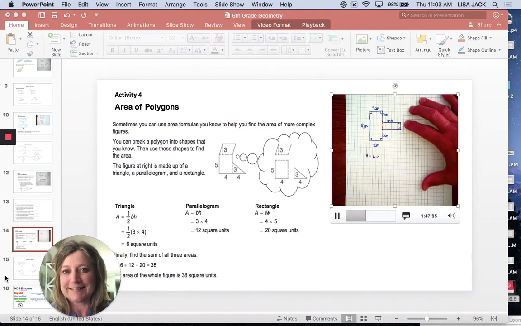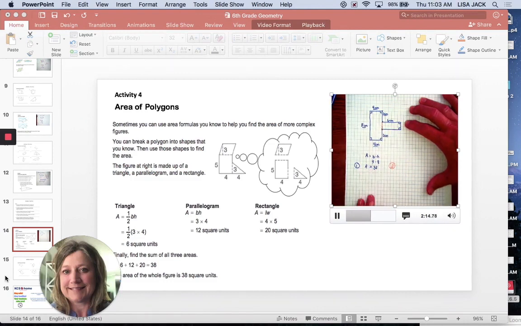So all I have to do really is put in the information for this section, and I know the base would be 4, my height would be 8, and then I know that 4 times 8 is 32. So that's the area of, let's just call this figure 1, okay? This we can call figure 2.